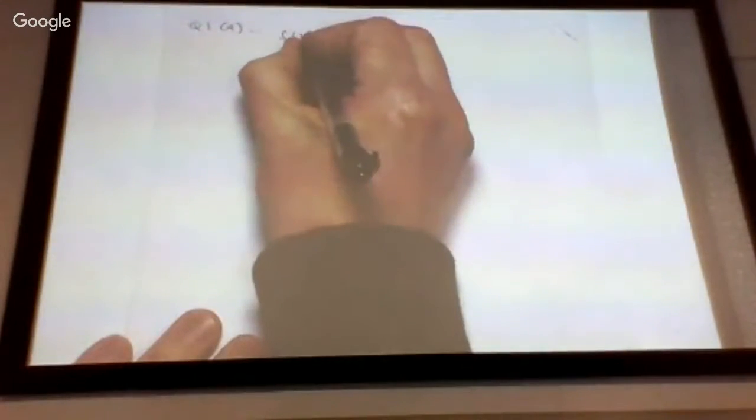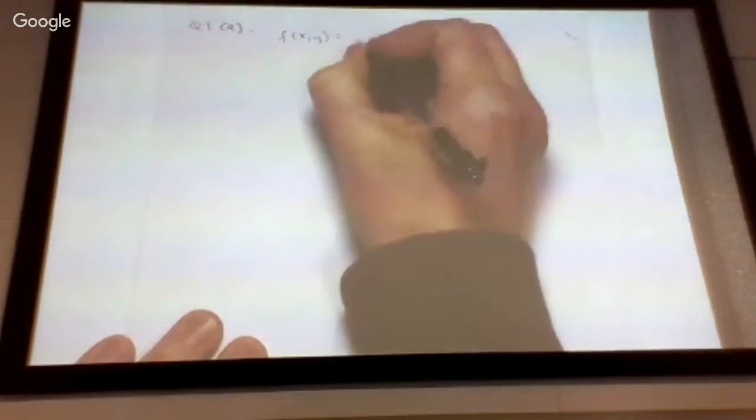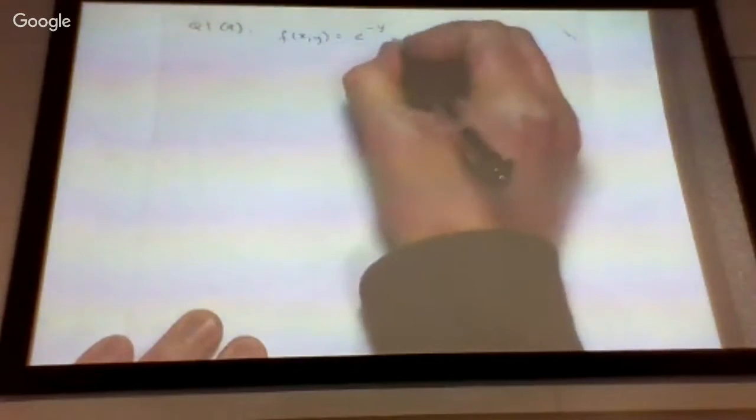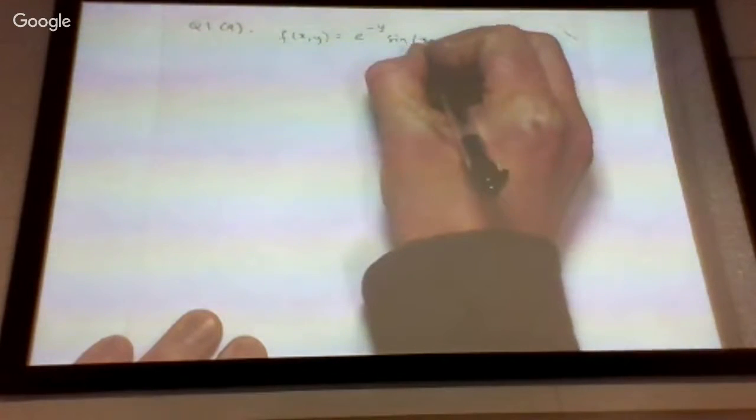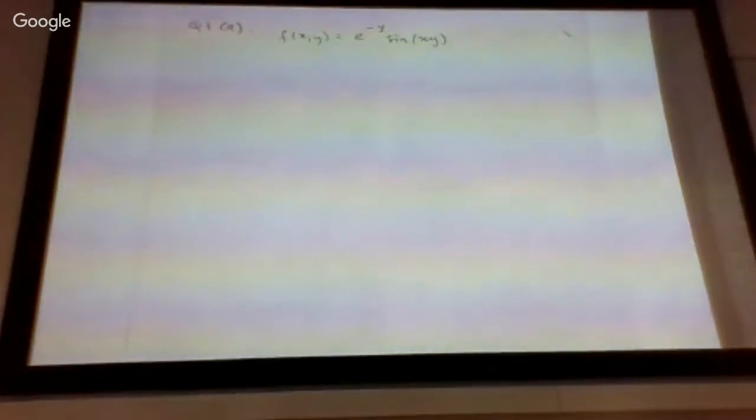So, question 1A kicks us straight off into partial differentiation. You're presented with a function here, which is not a trivial function by any means: an exponential, e to the minus y, times the sine of x times y. So x and y are non-trivially mixed up together there.